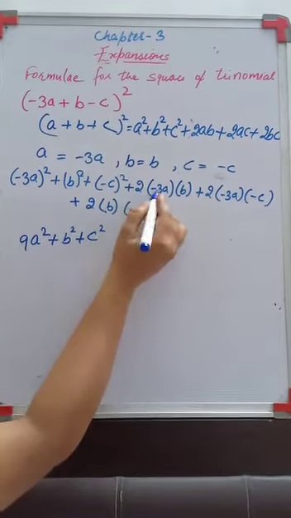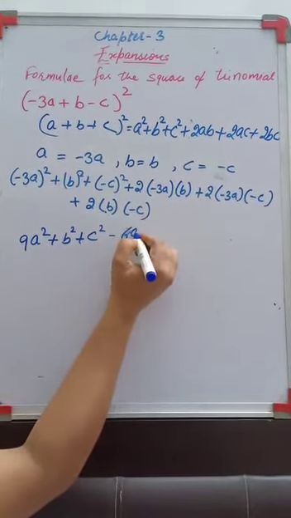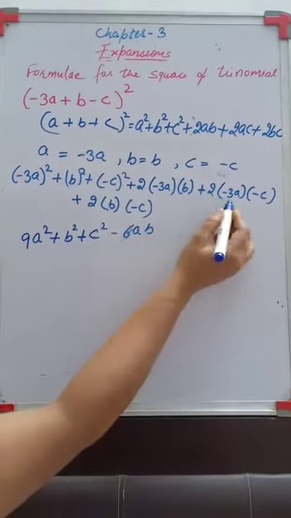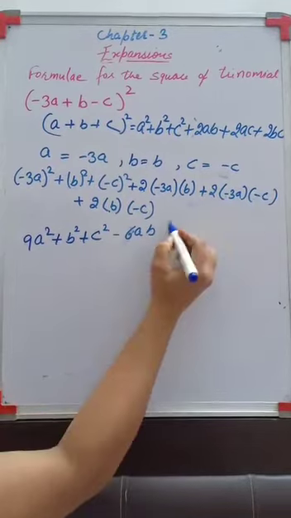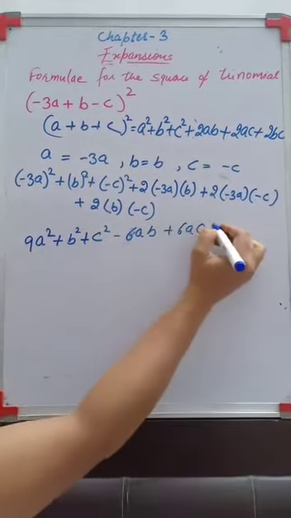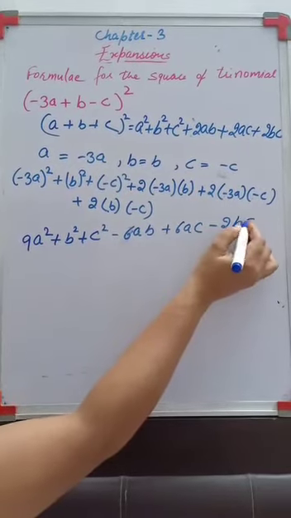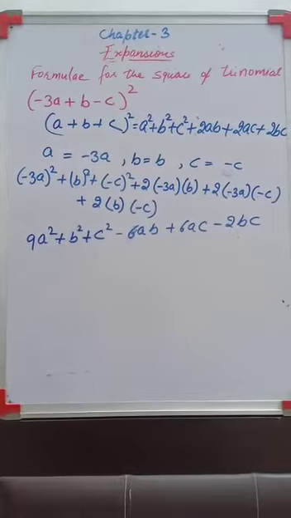Then it will be minus 2 into 3 is how much? 6ab. Then again minus into plus is minus, minus into minus is plus, so it will be plus 6ac. Then it will be minus 2bc. So this will be the answer of the expansion.